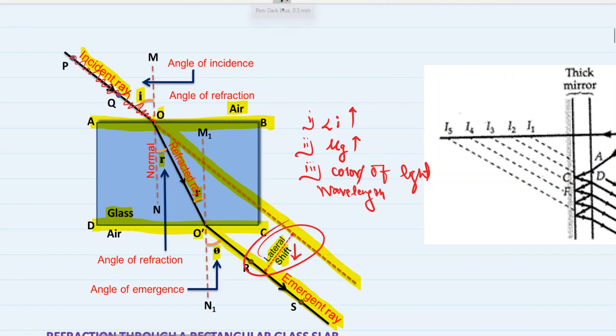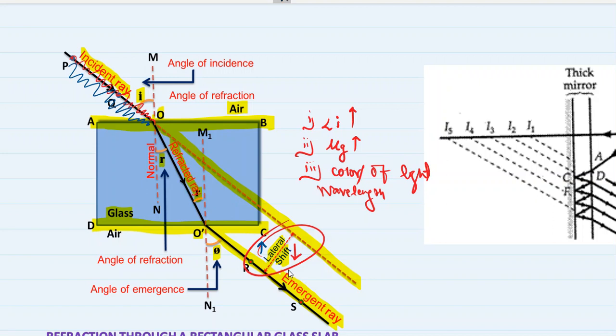And let's say if violet or blue light enters the glass, then the lateral shift will be more, right? So the lateral shift also depends upon the color or wavelength of incident light. If the wavelength is more, lateral shift will be less.